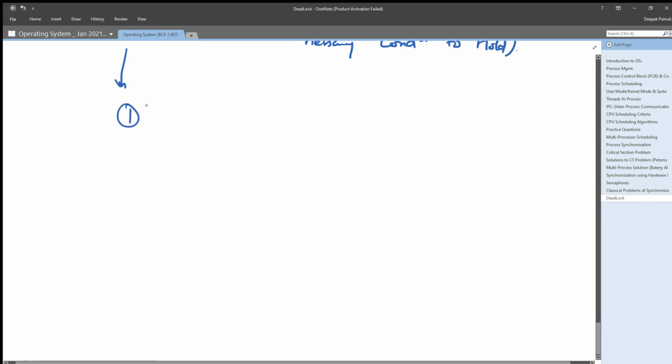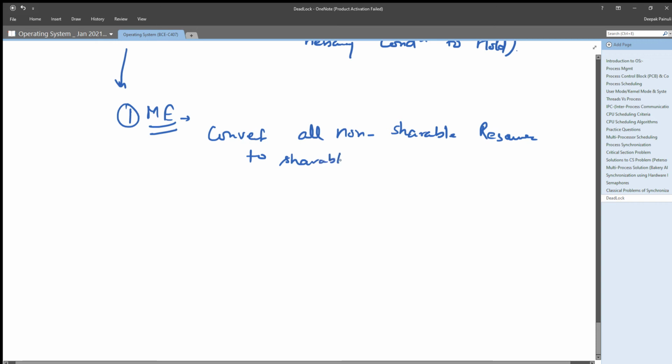So first one we have is mutual exclusion, right? For avoiding mutual exclusion, we have to convert all non-shareable resources to shareable resources. Why are we saying that?